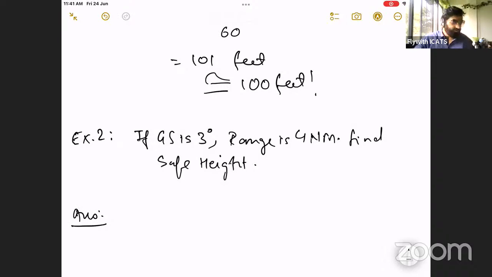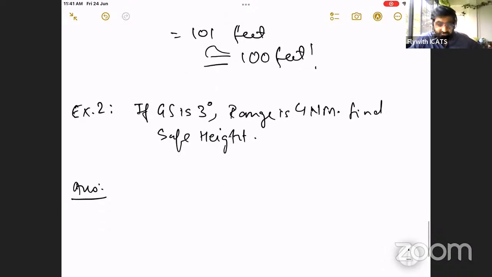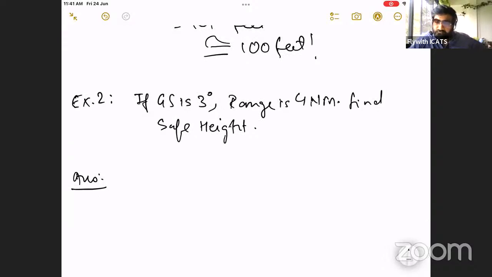Let's see how fast you can do it. Students, are you solving? Good, good.